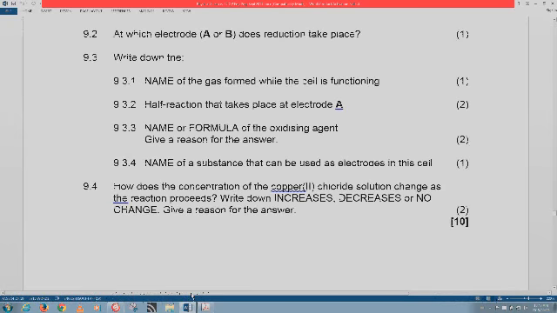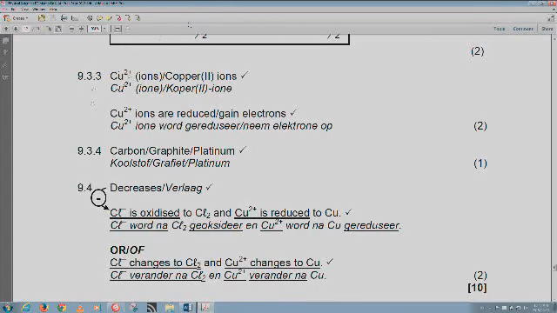9.3.3, write down the name or formula of the oxidizing agent and give a reason for the answer. Then the name or the formula of the oxidizing agent there is copper 2 plus or copper 2 ions.